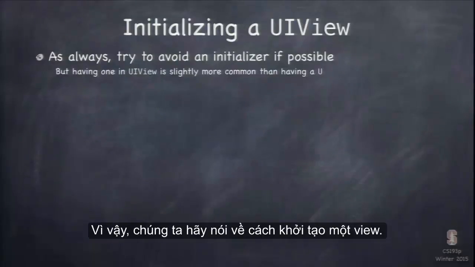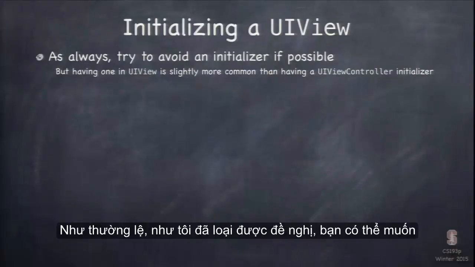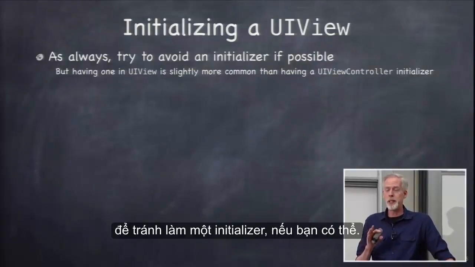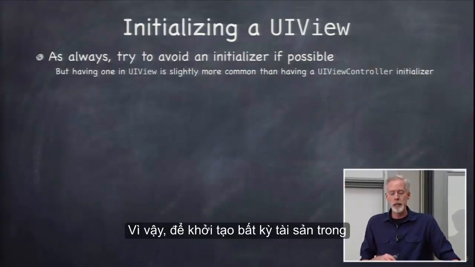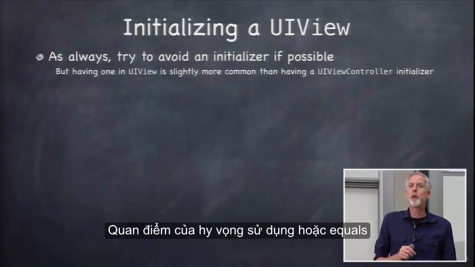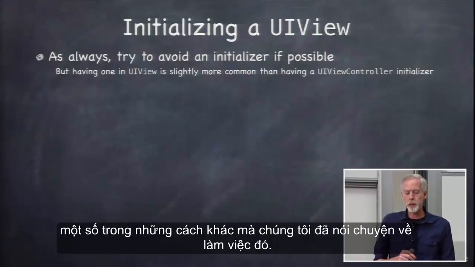Okay? So let's talk about initializing a view. As usual, as I've kind of recommended, you probably want to avoid doing an initializer if you can. So initialize any properties in your view, hopefully using equals or some of the other ways we talked about doing it.